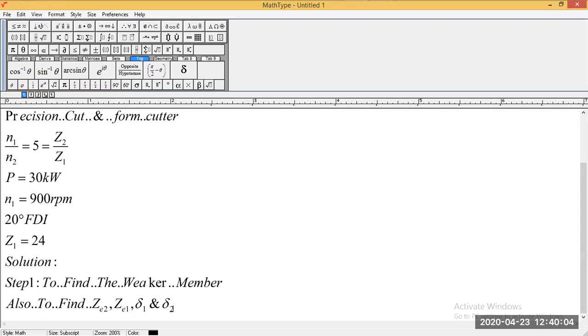So along with finding the weaker member, we'll also find these parameters because in the future they'll be required, right? Okay, now let's go to the PPT.